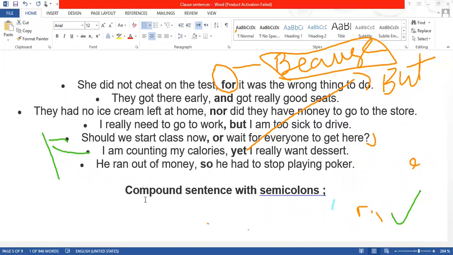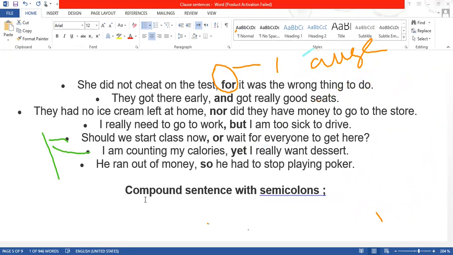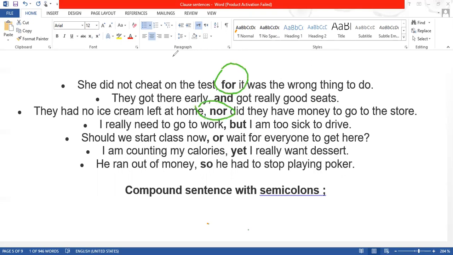So what you need to do is go and make sentences on only these few. I know that people are confused about only these few conjunctions: for, nor, and yet. You don't have to do the other conjunctions, because they are very simple.